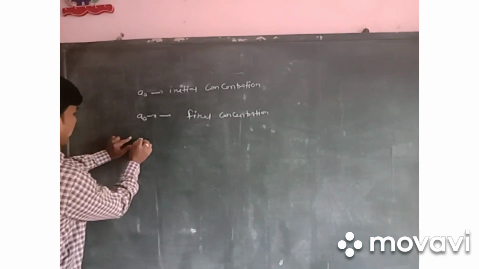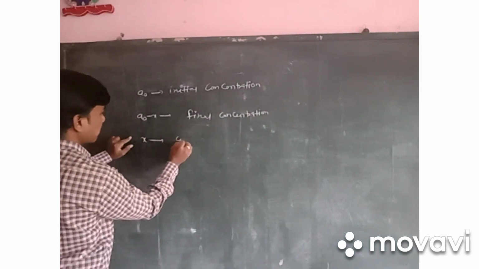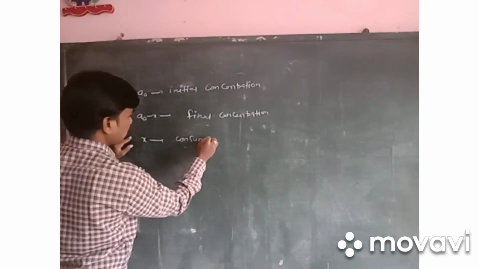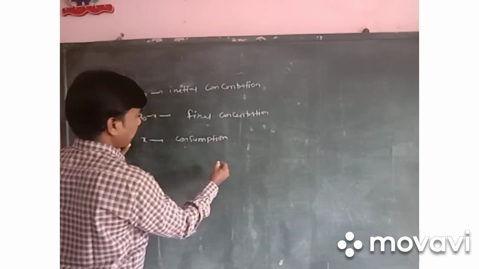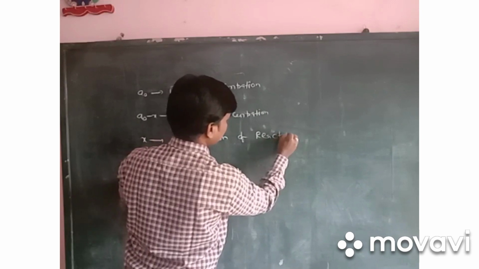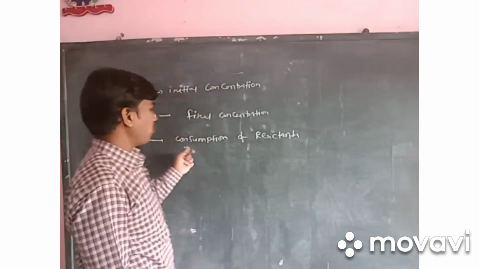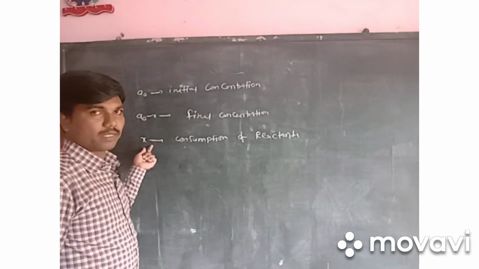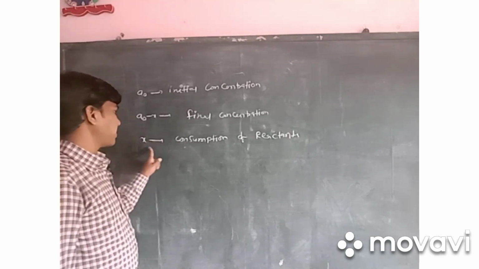Right? So x means consumption of reactants. How much percentage of reactant is consumed or involved in a reaction can be predicted by using x.